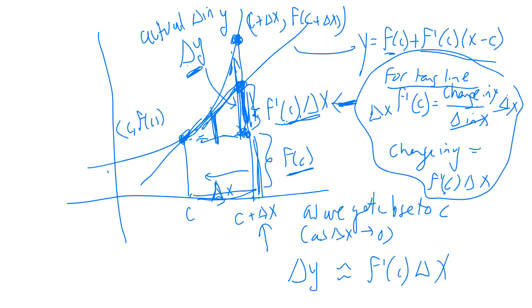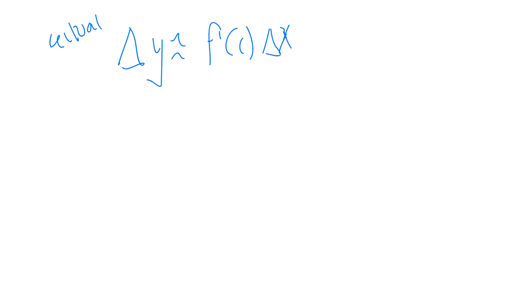Now we're going to take this over to the next page and talk about that, because this is where we get to the actual idea of a differential. Okay, so delta y is approximately equal to the derivative of the function evaluated at c times delta x. And if you want to think of it this way, this side is the actual change, and this side is the approximated change.